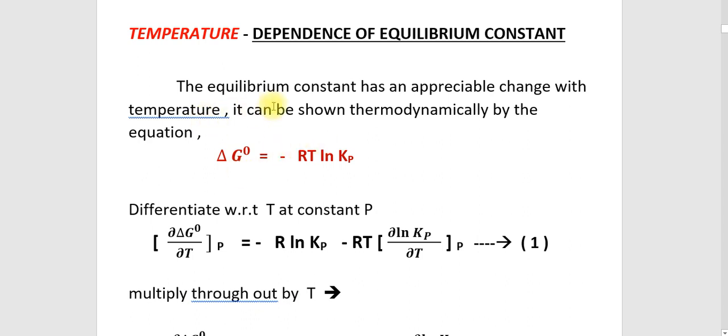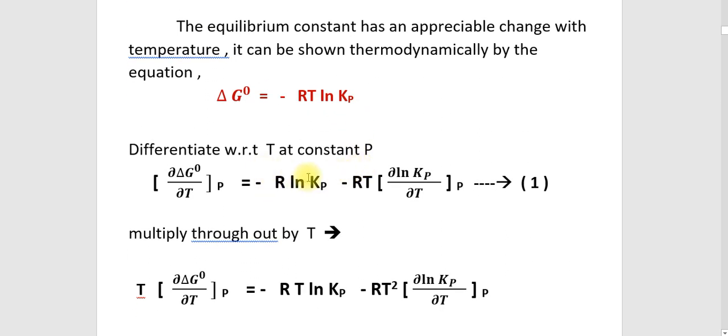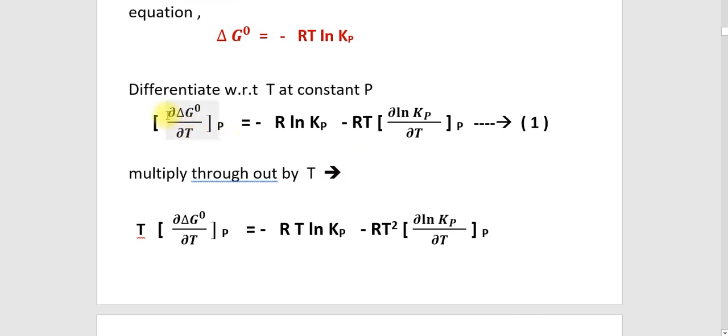At equilibrium, delta G0 is equal to minus RT ln Kp. Then differentiate with respect to T at constant pressure. Dou delta G0 by dou T at constant pressure is equal to minus R ln Kp minus RT dou ln Kp by dou T at constant pressure, and consider this as equation number 1.